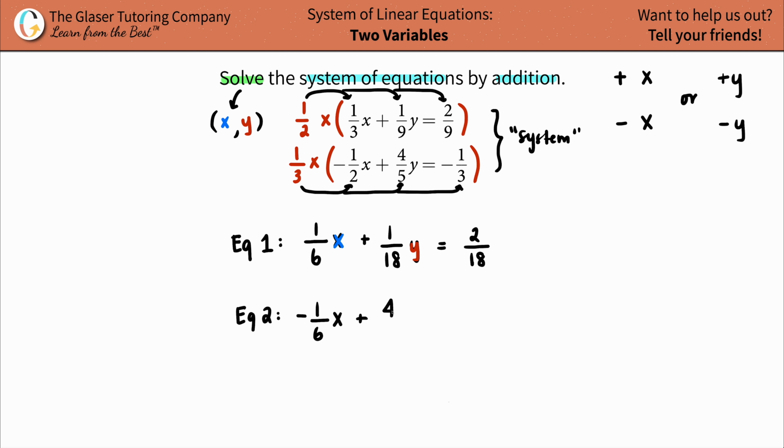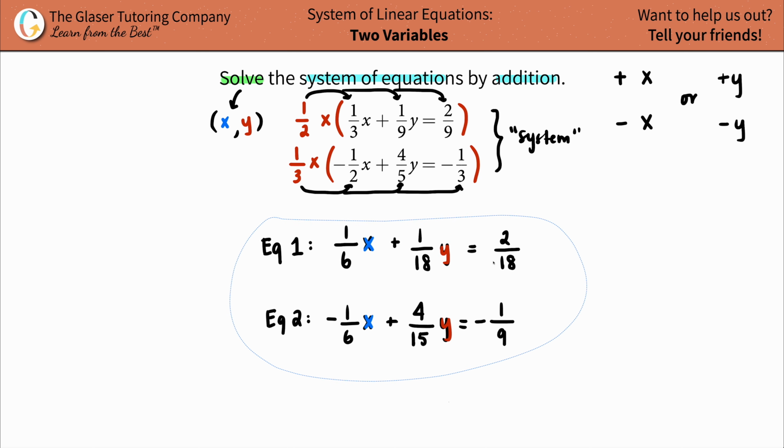So plus 4 over 3 times 5 is 15. And that's going to be a y value. And then this is going to be 1 times 1 is 1, over 3 times 3 is 9. And since this is negative, this would be a negative 1/9. Okay, so now let's just make this beautiful. X and y.